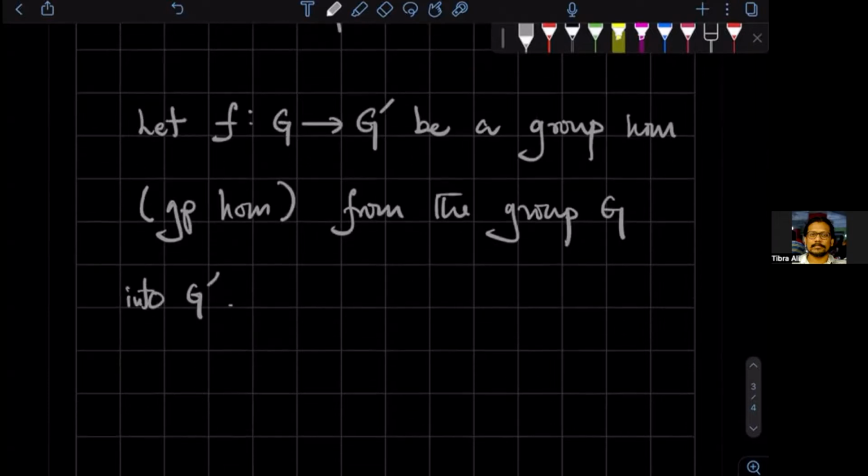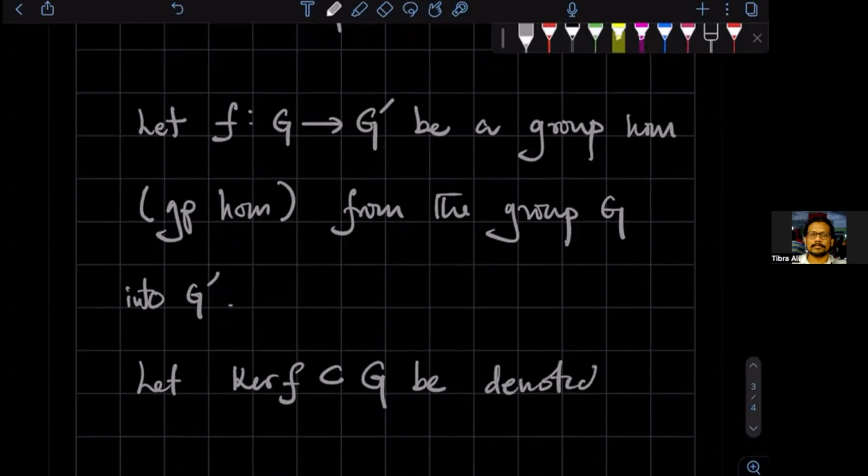Now, let the kernel of F be denoted by, say, just K.